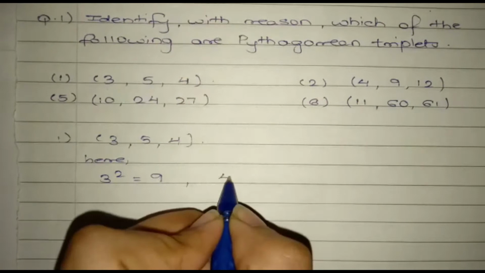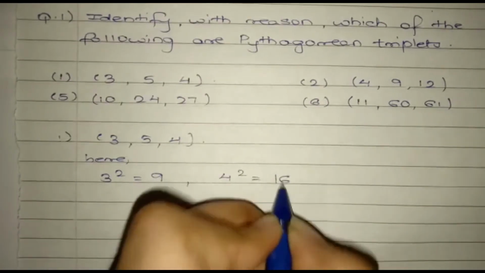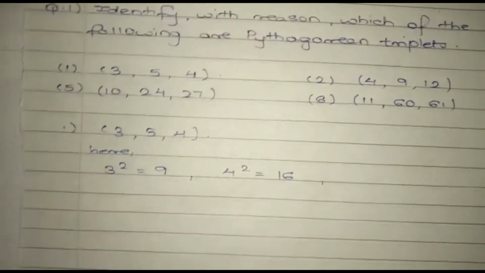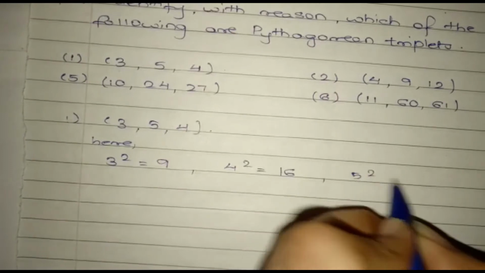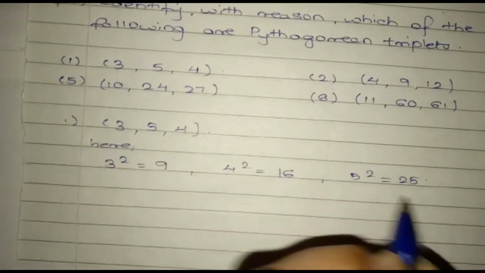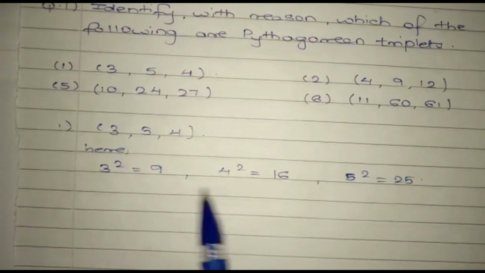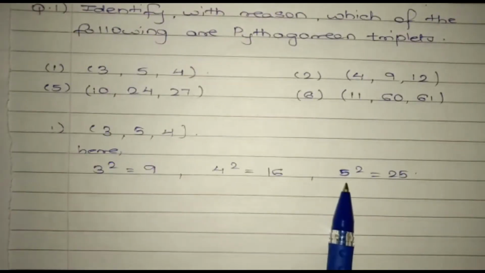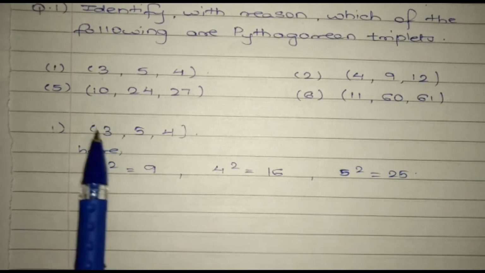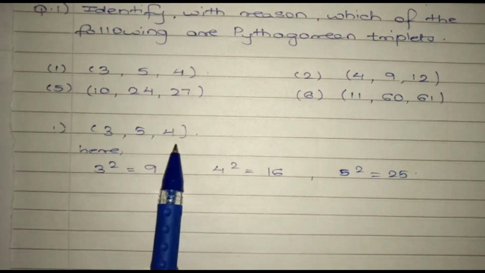Then the second largest number is 4, so 4 square is equal to 16. And then 5 square is 25. So we have to check whether 3 square plus 4 square is equal to 5 square. If it is equal, then only this 3, 5 and 4 is a Pythagorean triplet.